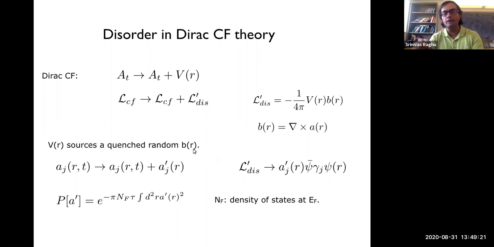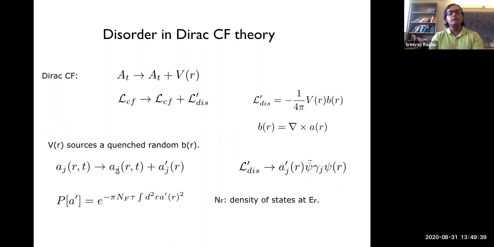So in order to implement that in the theory correctly, we're going to take the dynamical U(1) gauge field and view it as a piece that's fluctuating and a piece that comes from quenched randomness, A prime, such that the curl of A prime would be this random b of R that's sourced by V of R.